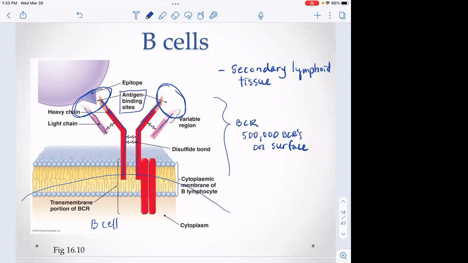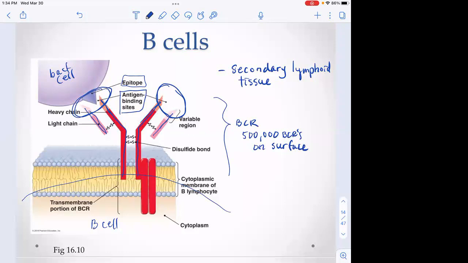So here, pretend this is some kind of bacterial cell. Remember, there are going to be all sorts of different proteins on the surface of a bacterial cell that would make really good antigens. An epitope is a part of an antigen, something that's not self, that the B cell receptor is going to recognize directly and bind to with the variable region.